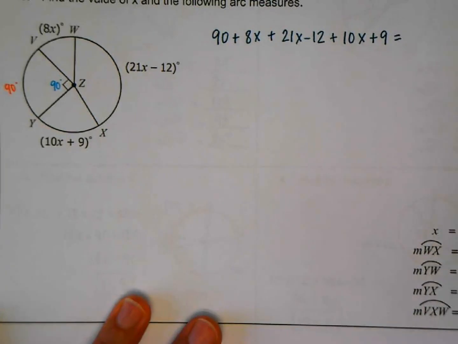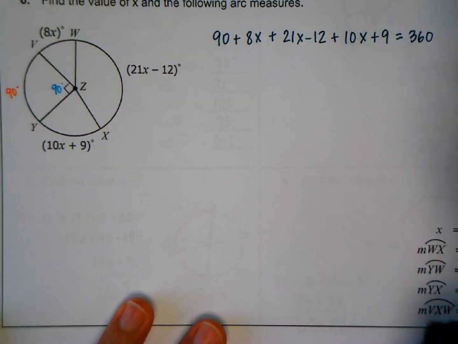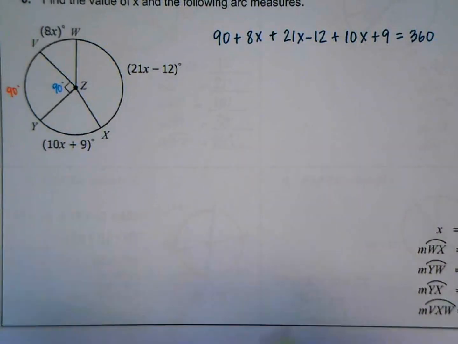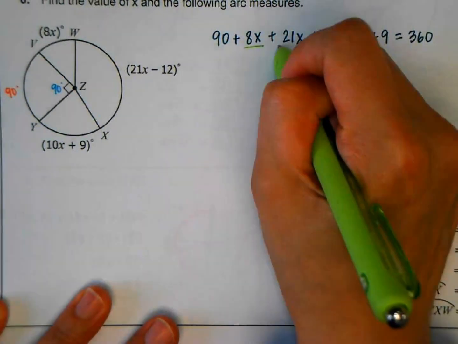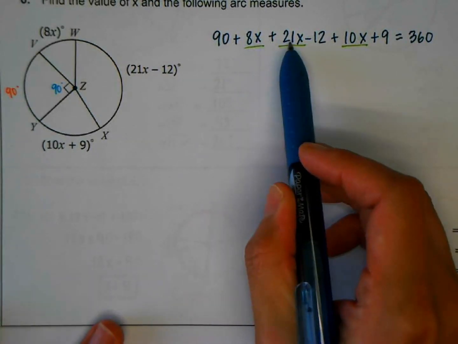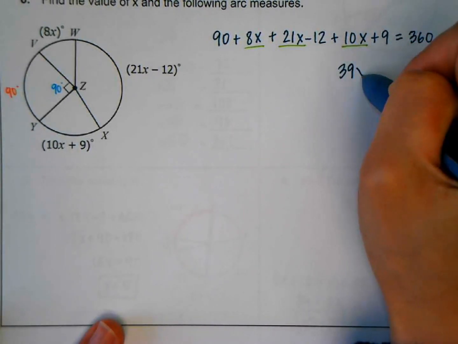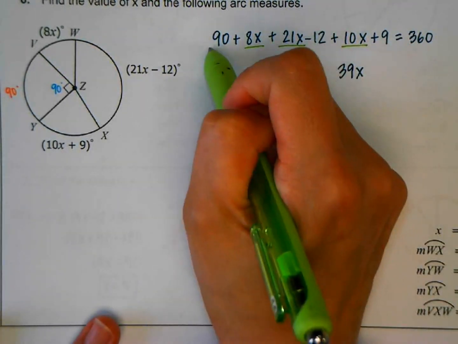All right, we'll take it nice and slow. Ready? So, like term, like term, like term. That's 29, 39x. 90 minus 12 plus 9, that's going to be 87.